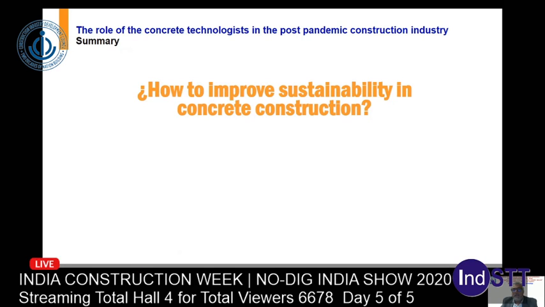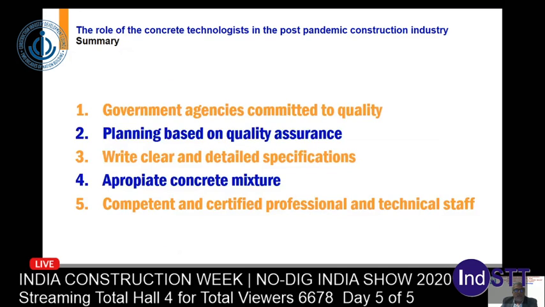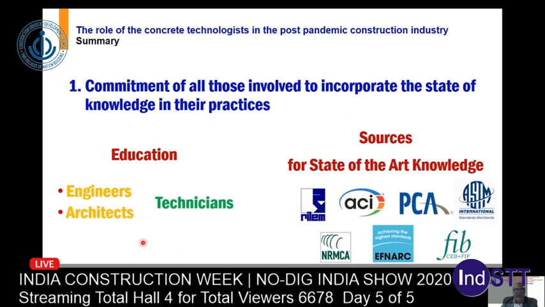So how to improve sustainability in concrete construction? As I said before, education. Education, and the government agencies should be committed to quality. Also, planning should be based on quality assurance. We should write clear and detailed specifications. We should use appropriate concrete mixtures. We should involve competent and certified professional and technical staff, like laboratories also for testing.